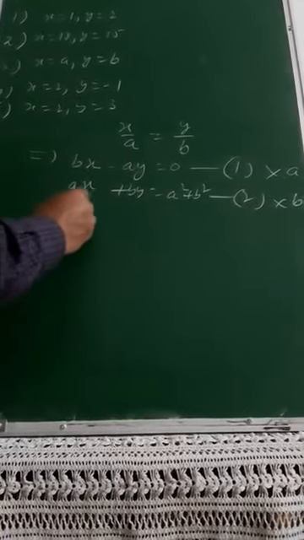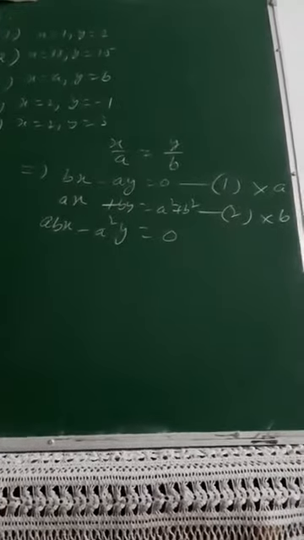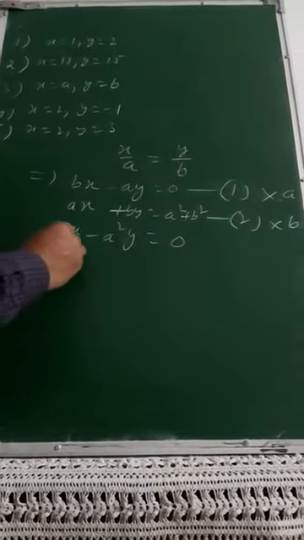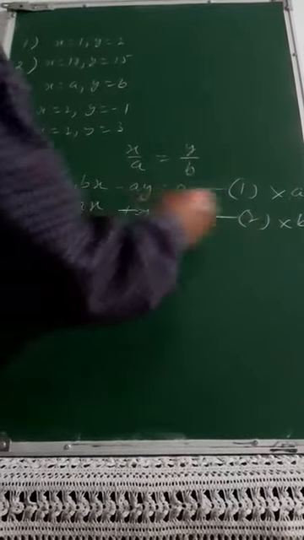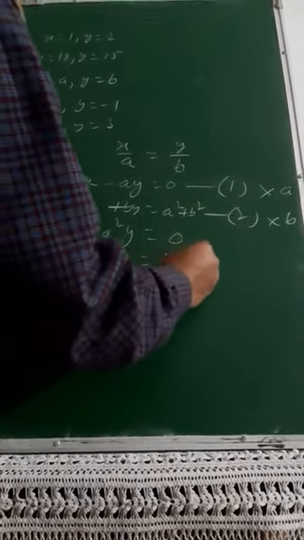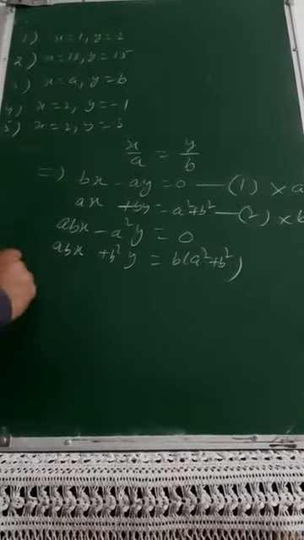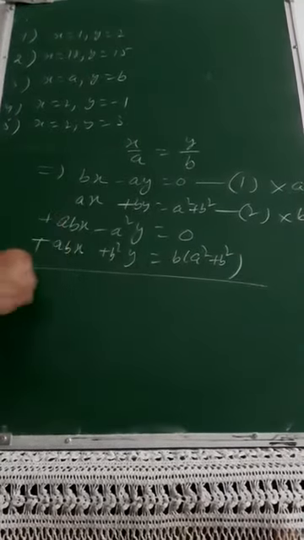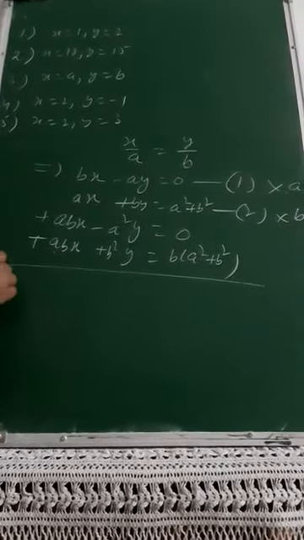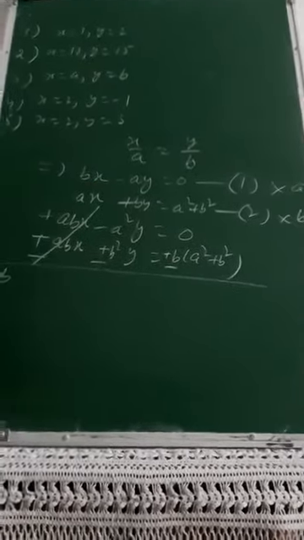It becomes abx. a into a will make it minus a square y, and 0 multiplied by any number is always equal to 0. When I multiply each term of this by b, be careful. Again, this is abx. b into b will make it b square y, and here it is b into a square plus b square. Better to write it this way. Now what happens here? This is plus, this is plus. I want to eliminate it, so subtract, change the signs here. So this is eliminated now.